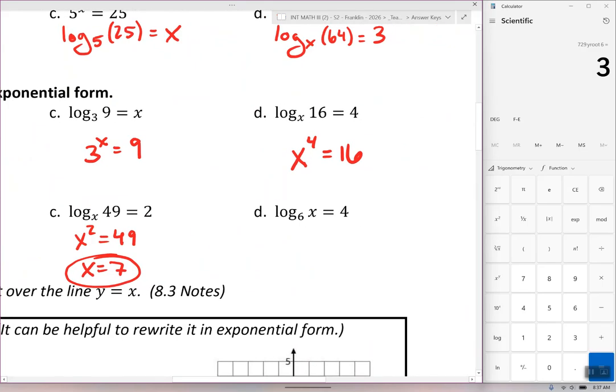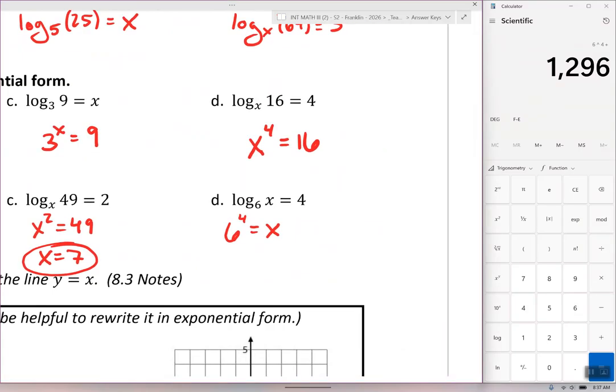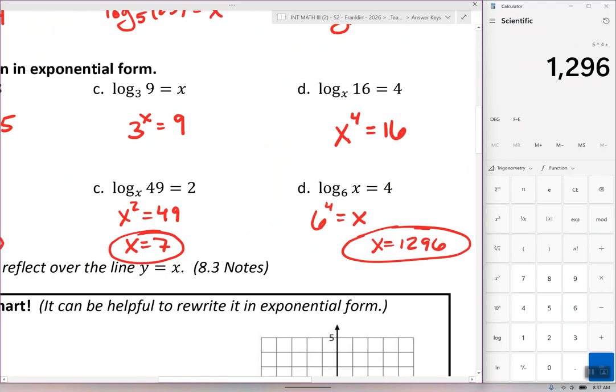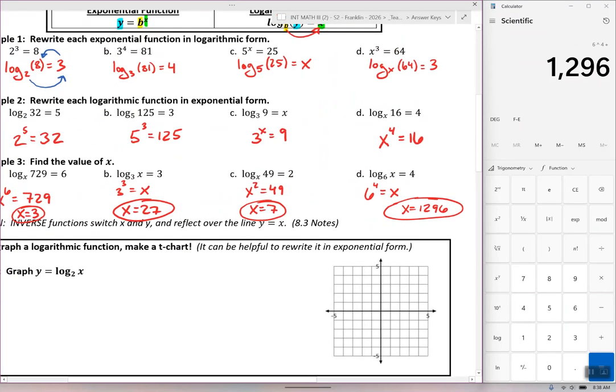And example D, we have 6 to the 4th equals x. So I can do 6 to the 4th power. I get 1,296. So if there's an x in your log function, my suggestion is to rewrite that as an exponential function, and then you can solve for x.